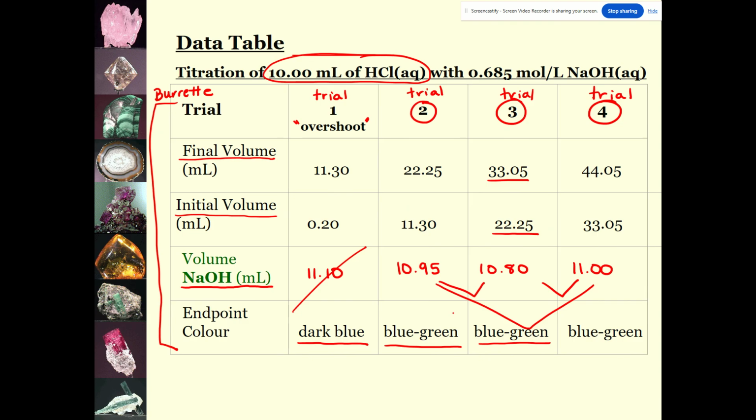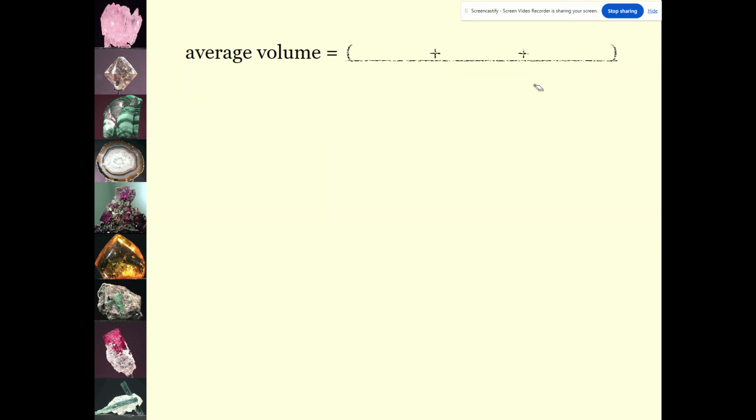If you're doing a titration experiment, you're going to repeat trials until you get those 3 that are within 0.2. Again, they don't have to be subsequent trials, okay? But you need 3 that are within 0.2, and then you're done with the experiment, okay? So what I'm going to do now is average these volumes. So I had 10.95, I had 10.80, and I had 11.00.